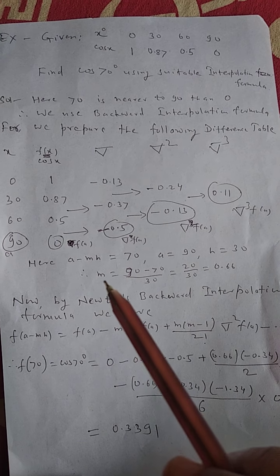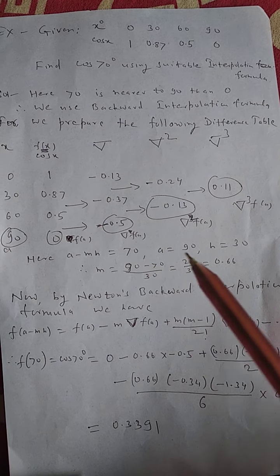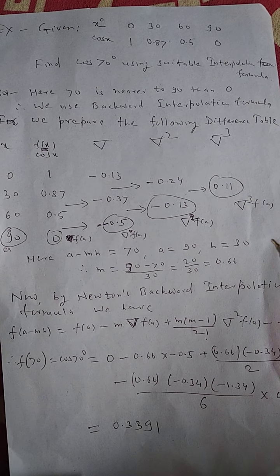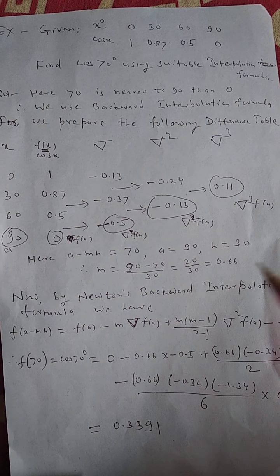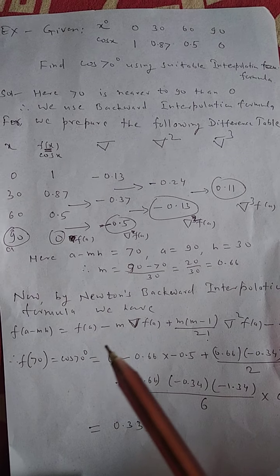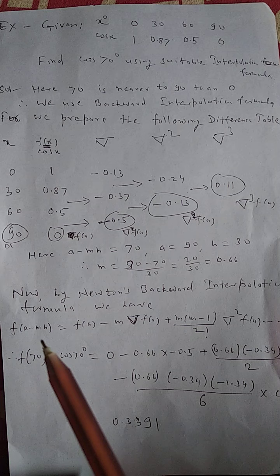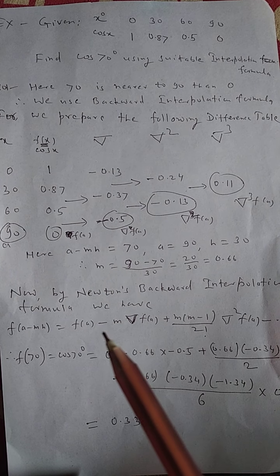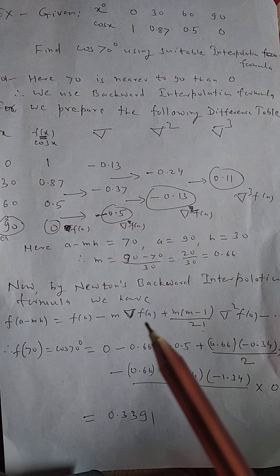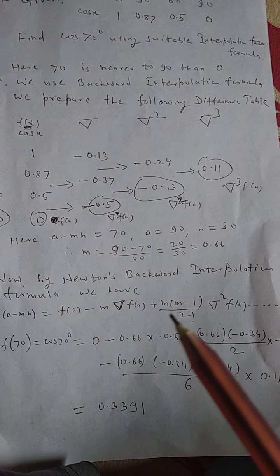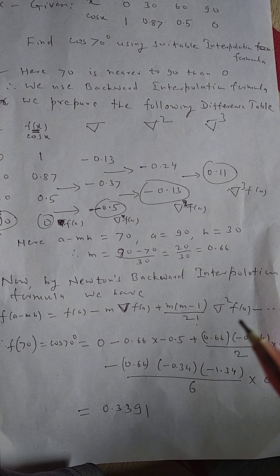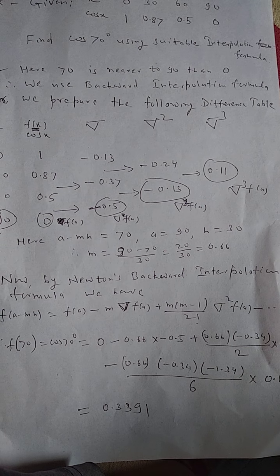So a minus mh is 70, a is 90, h is 30, and therefore m is equal to 0.66. Now Newton's backward formula states like this: f of a minus mh is equal to fa minus m del fa plus m into m minus 1 divided by 2 factorial del square fa minus and so on.